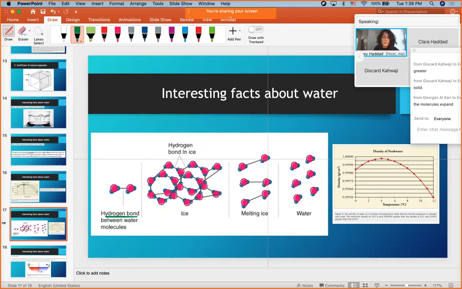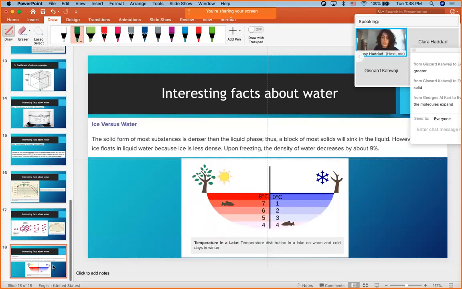Also, a good explanation could be, since 4 degrees has the highest density, this is what happens in a pond or in a lake. On a summer day, the temperature distribution will be as such. 4 degrees C is the most dense, so water at 4 degrees C is going to be at the bottom, and anything at a higher temperature is going to be above.